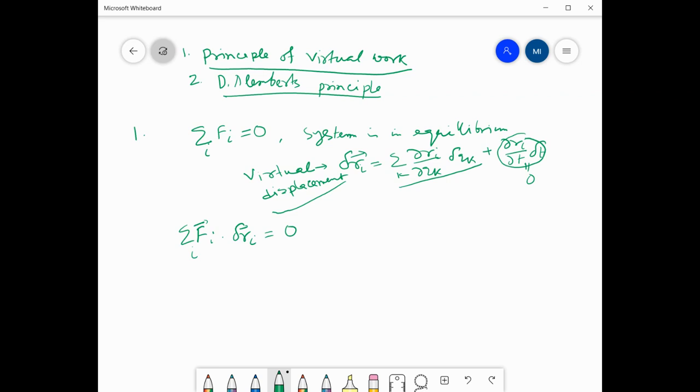Now, as I have mentioned before, in the applied forces, two types of forces are there. One is external force, F external, and the other is F constraint.